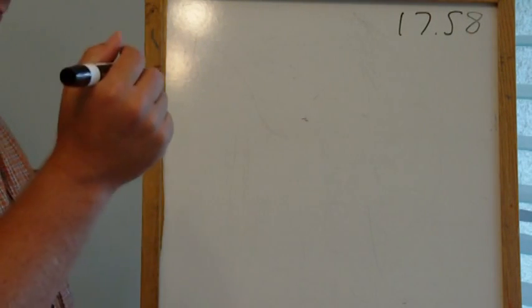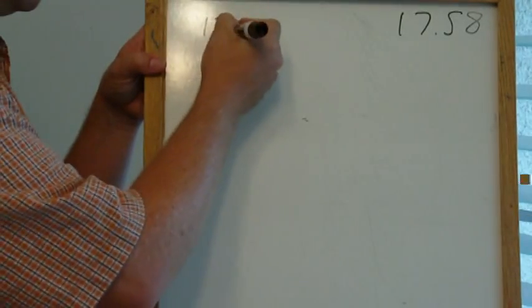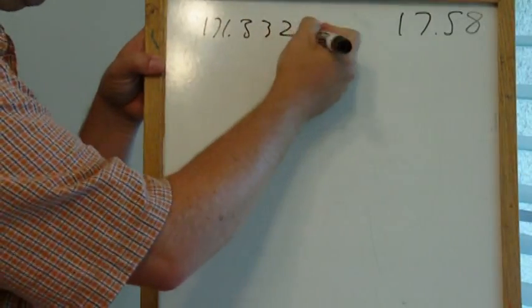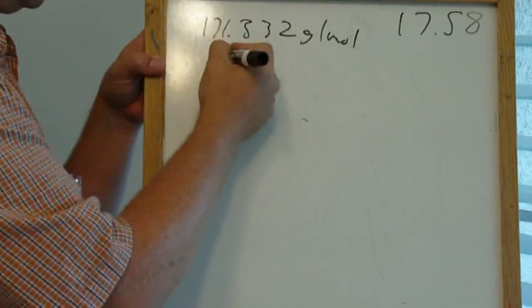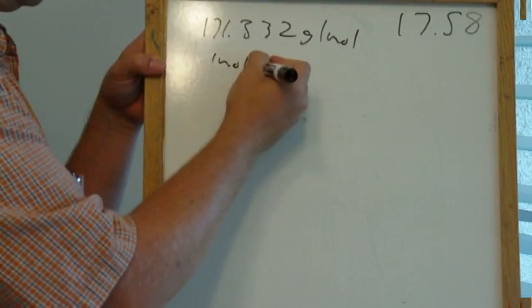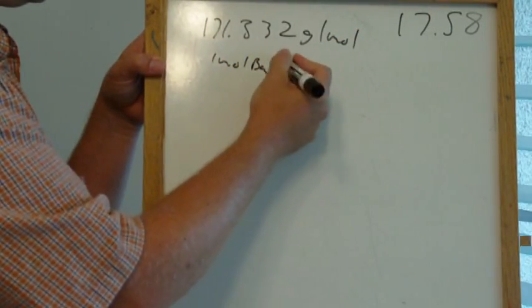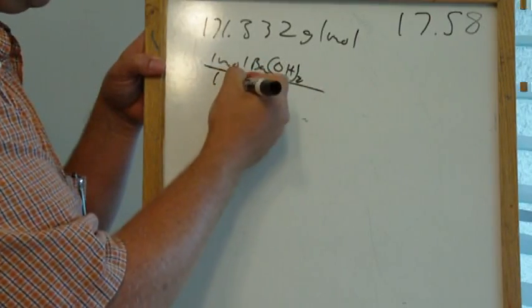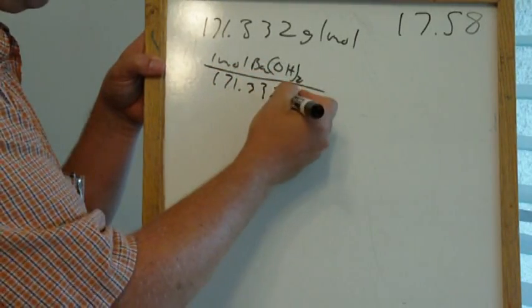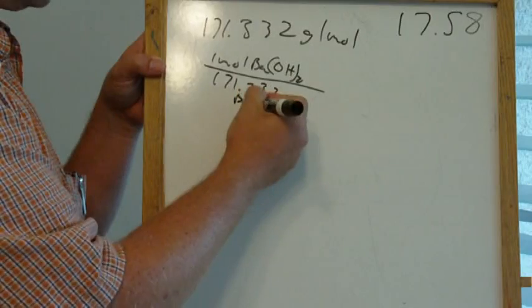So that's 171.332 grams per mole of barium hydroxide. So 1 mole of barium hydroxide is 171.332 grams.